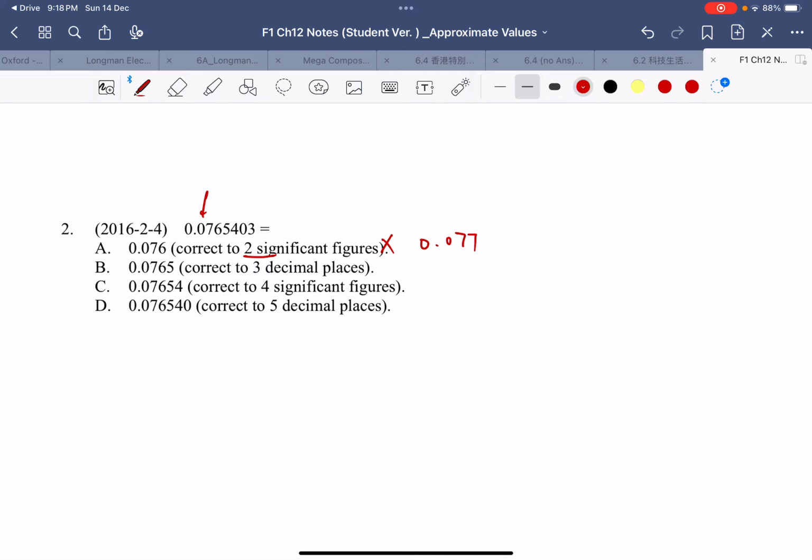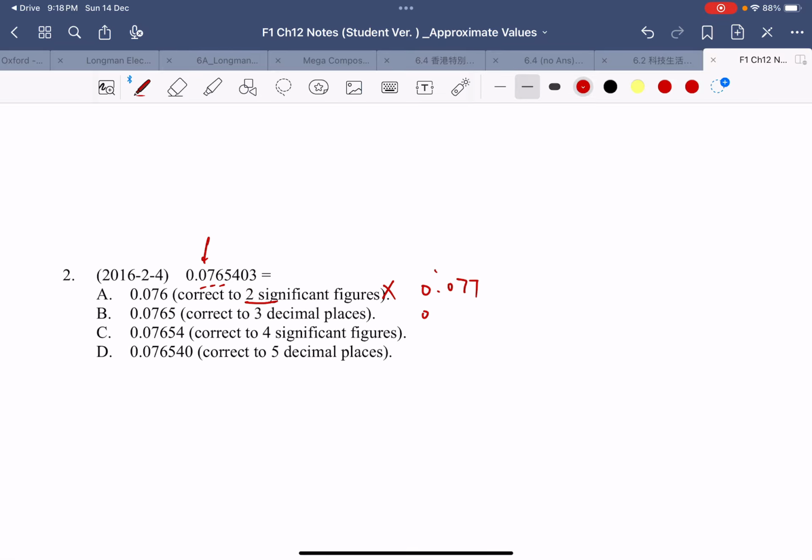If I correct this number to 3 decimal places, 1 2 3, then it would be 0.07, not 65 but 7 only. This is 3 decimal places already, and actually you have 4 decimal places here. Should have been correct, right?